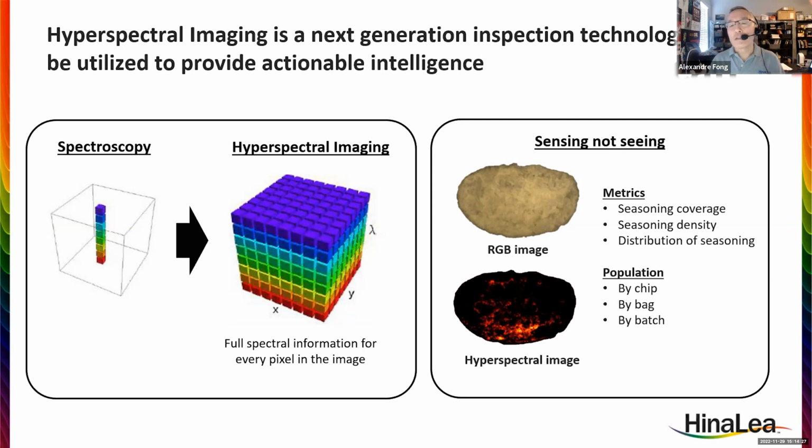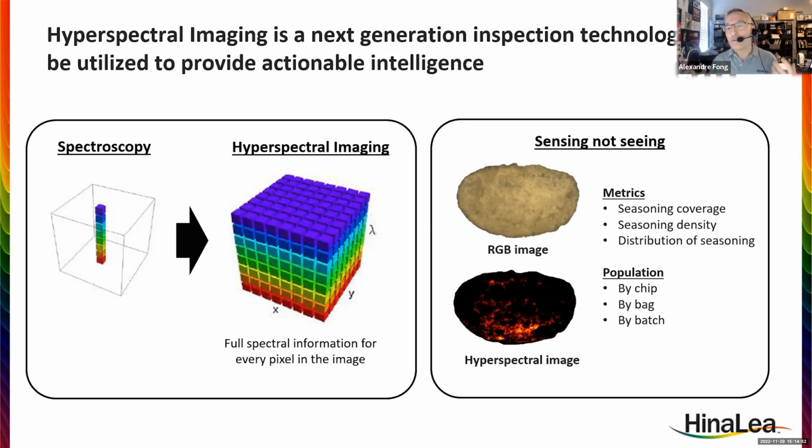So what we're doing then is we're able to sense things. We're not just seeing things, but we're able to measure things, like in the case on the right-hand side, this is a potato chip, or as they call it, a crisp in the UK. And we're looking at the coverage of seasoning, which otherwise would not be discernible by eye. So you see seasoning coverage, density, distribution.